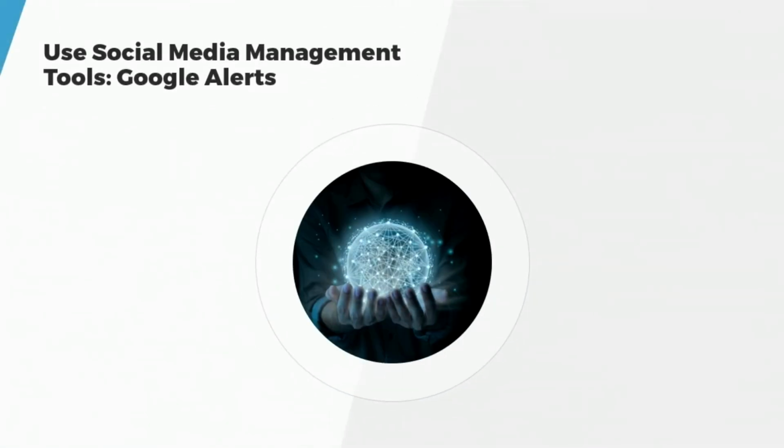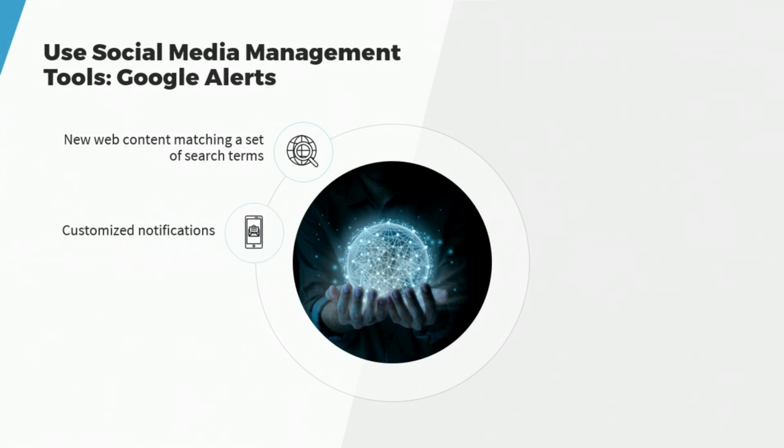Now, lastly, Google Alerts is another useful tool for staying updated on AI automation trends and developments. Setting up Google Alerts can help with receiving notifications about new web content that matches specific search terms related to AI automation. And configuring Google Alerts to send customized notifications via email or RSS feeds based on user-defined criteria and preferences can help you know when something important has popped up.